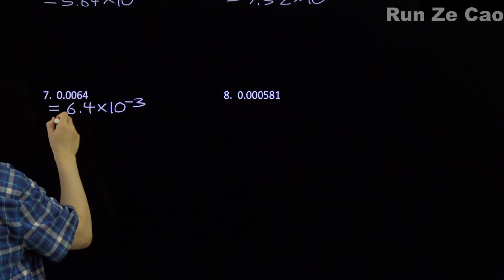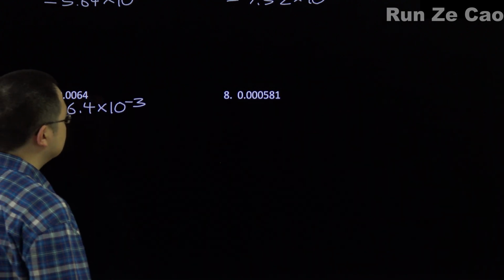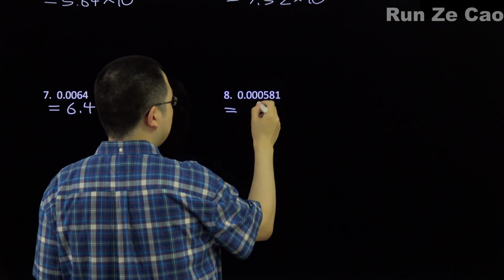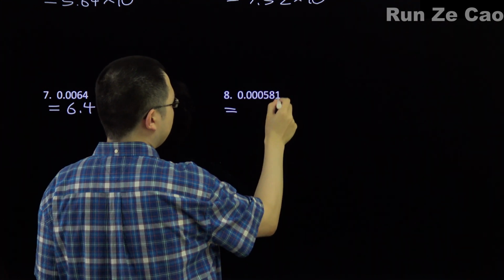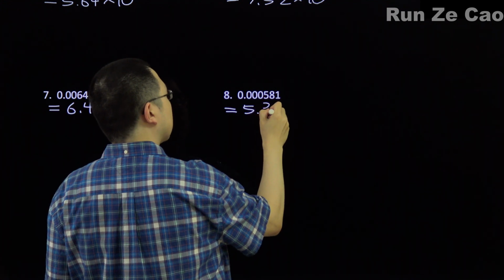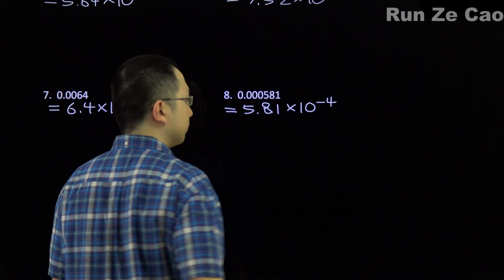The 6 is at the 10 to the negative third position. Here, well, the 5 is at 10 to the negative fourth. And it's 5.81 times 10 to the negative fourth.